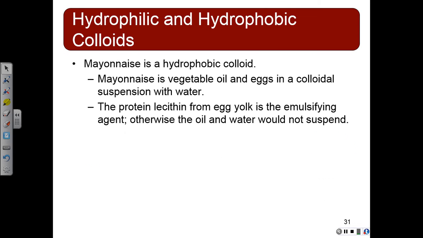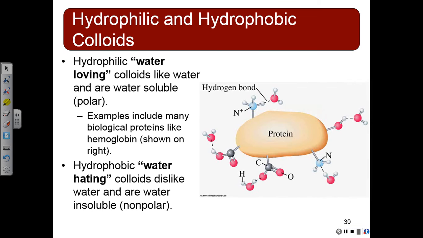Just to show this, we're going to go back real quick. Hydrophilic means water-loving. So this is when you have a colloid. This is actually hemoglobin in our blood. And up here I'll draw in the molecules. This is a protein that we have. These are hydrogens. Here's water. Hydrophilic means water-loving, meaning there's an attraction to water.